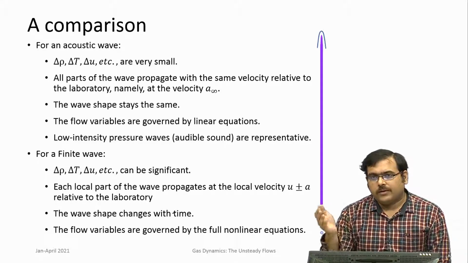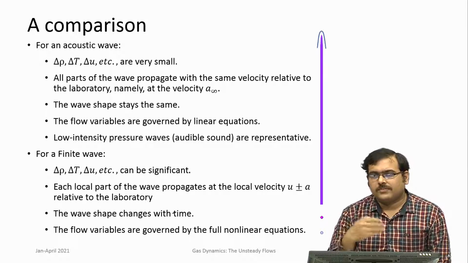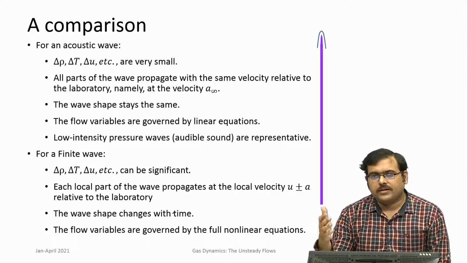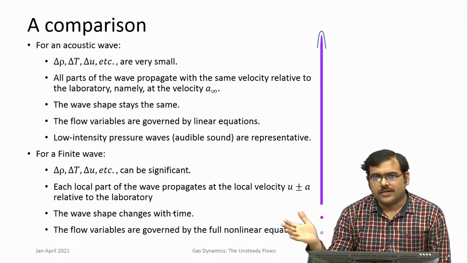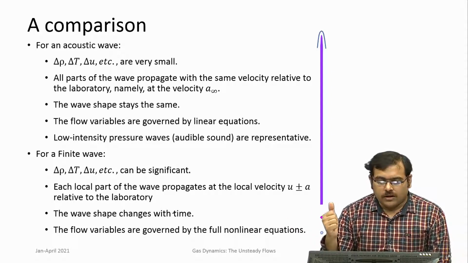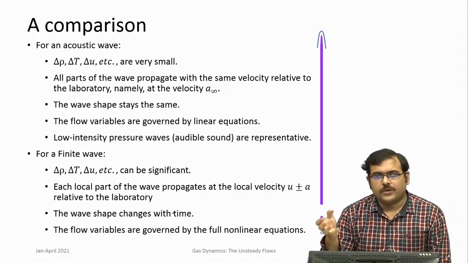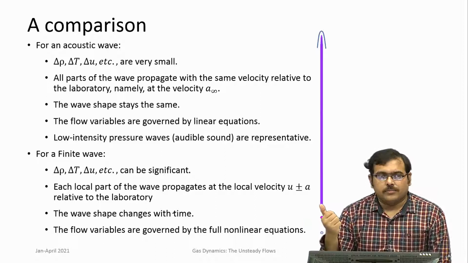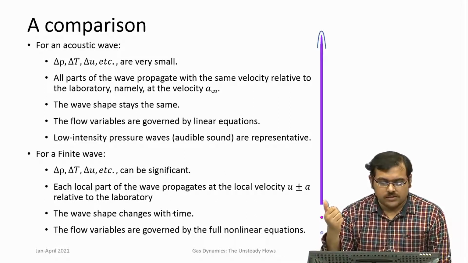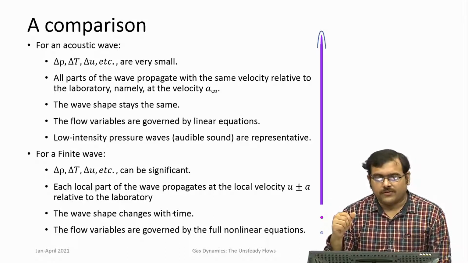So an initial disturbance propagates with the same form, it does not change form, because all parts of the wave are propagating with the same speed, a infinity. The shape stays the same, and the equations are linear hyperbolic equations. Typically these are representative of sound waves.